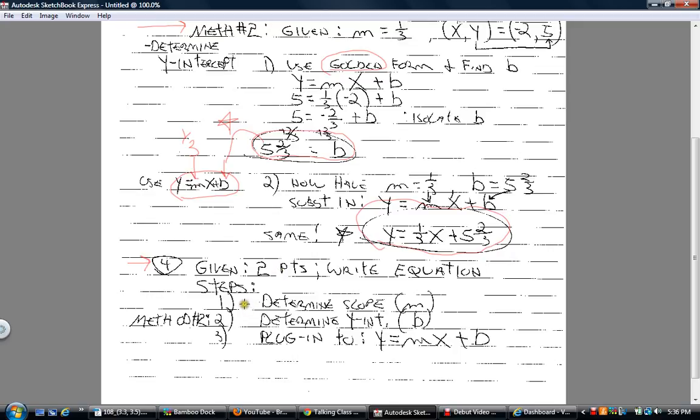And what you got to realize is given any 2 points, you can determine the slope of the line. Once you find m, the next thing you're going to do using method number 2, and I'm recommending this, is go ahead and find the y-intercept. So find slope, find the y-intercept next, and simply substitute them in. Now that's method number 2. You could use method number 1 if you want.